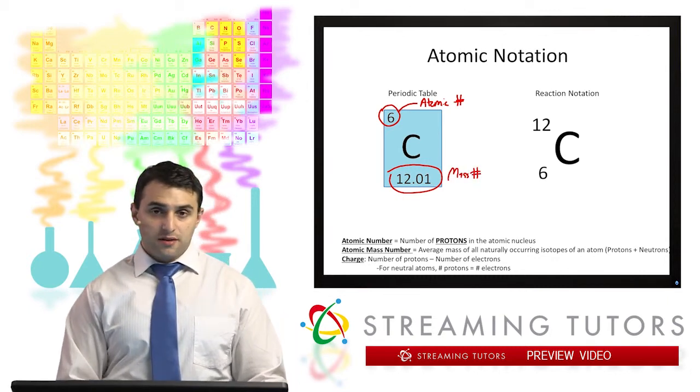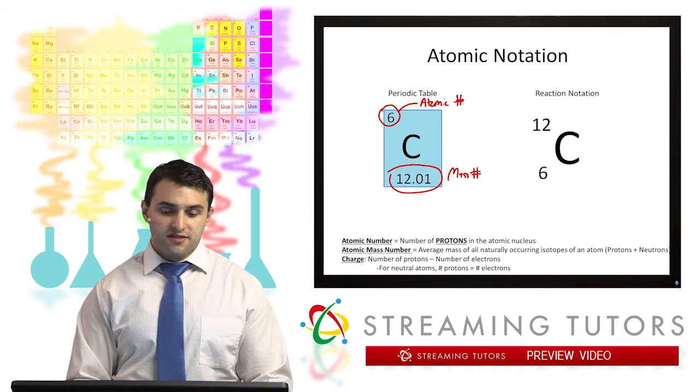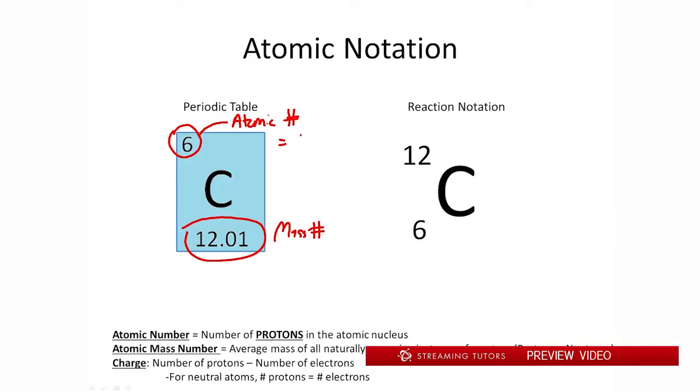So the atomic number is just the number of protons that are in the atom. The mass number is the number of protons plus the number of neutrons. As we saw in the last video, protons and neutrons are what make up the mass of atoms.